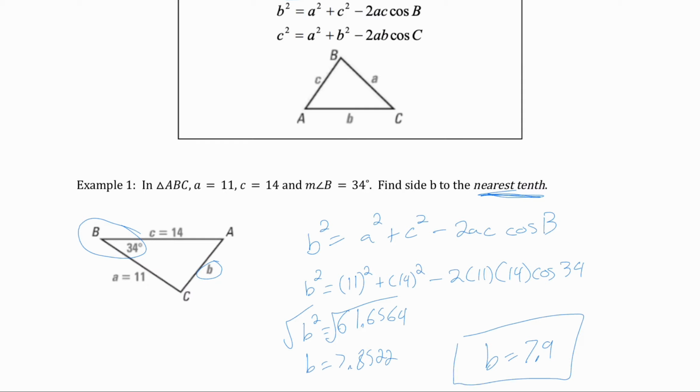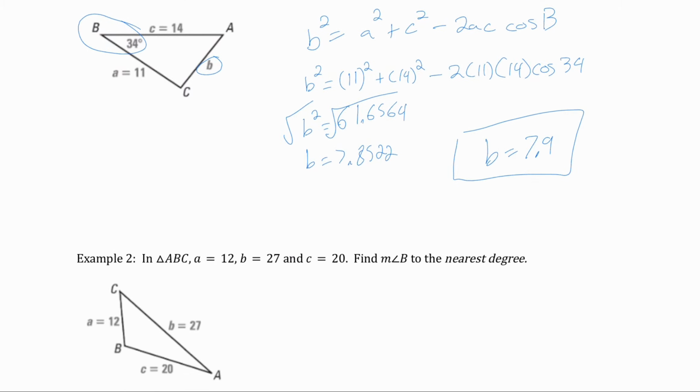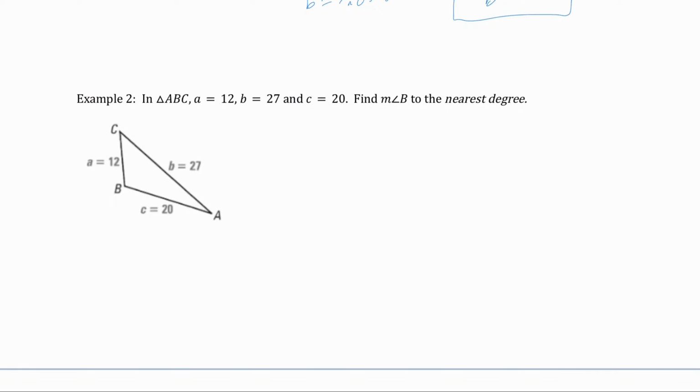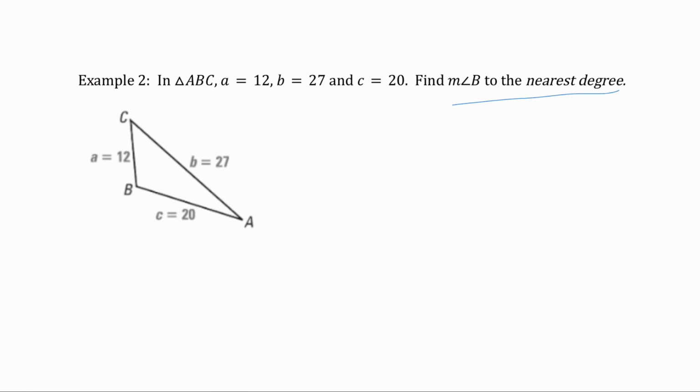Sometimes it's about finding sides, but we also could use the law of cosines to find angles. So in this second example, what we're trying to do is find angle B. We're going to use that same equation: b squared equals a squared plus c squared minus 2ac times the cosine of angle B. Again, substitute that information in to help identify this angle over here.